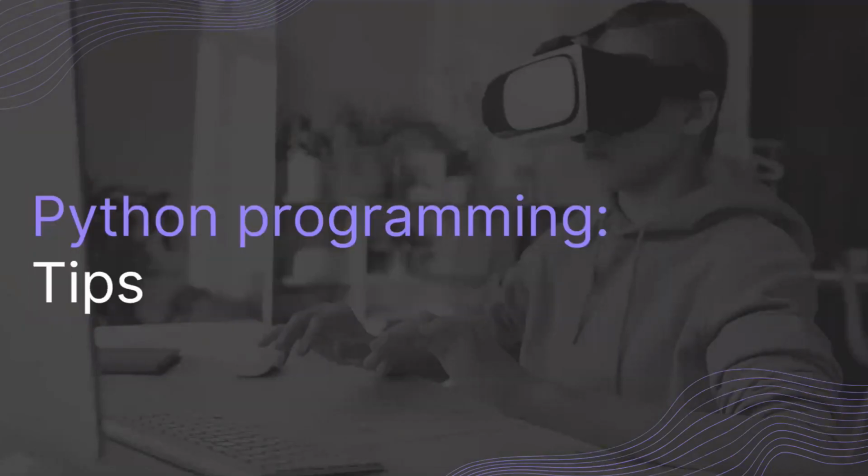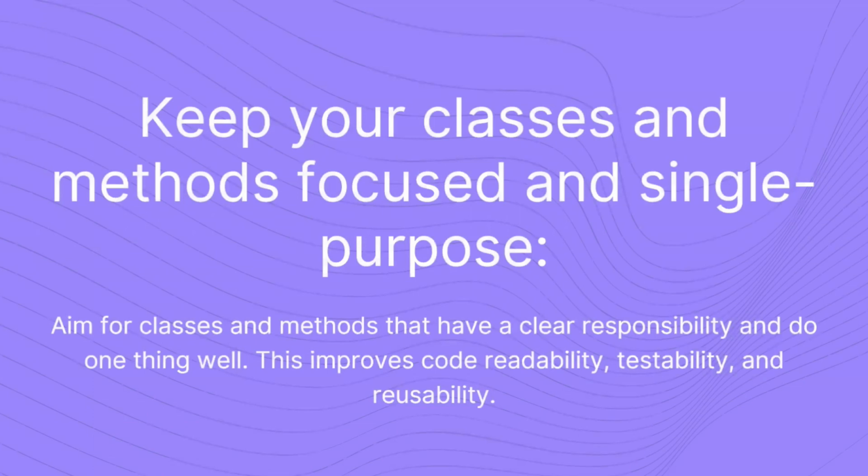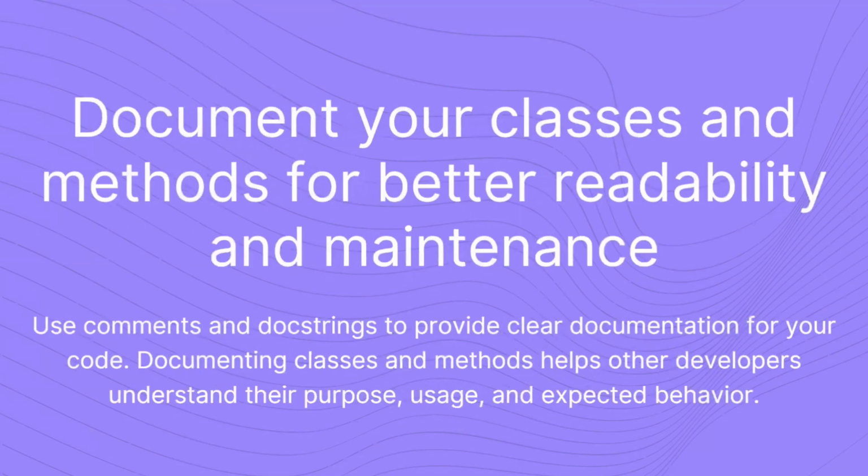Next, tips for Python basics. Number one, keep your classes and methods focused and single purpose. Aim for classes and methods that have a clear responsibility and do one thing well. This improves code reliability, testability, and reusability. Number two, document your classes and methods for better readability and maintenance.